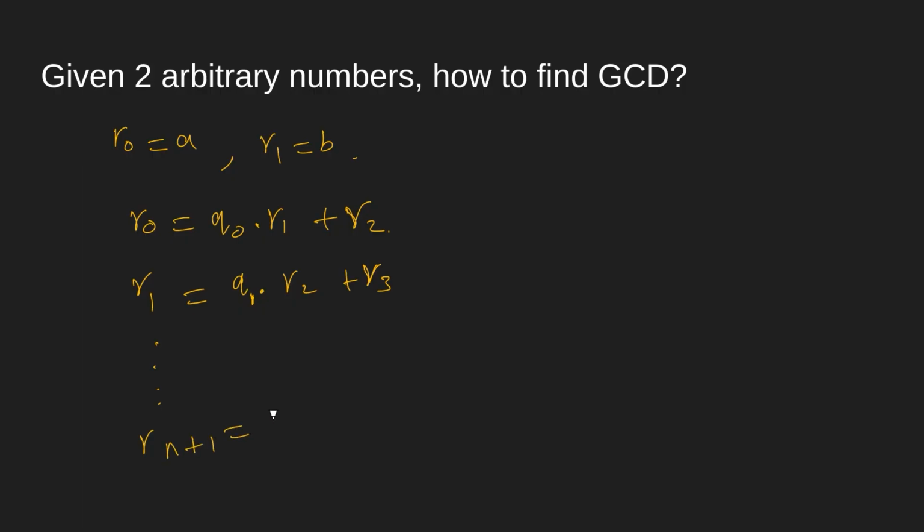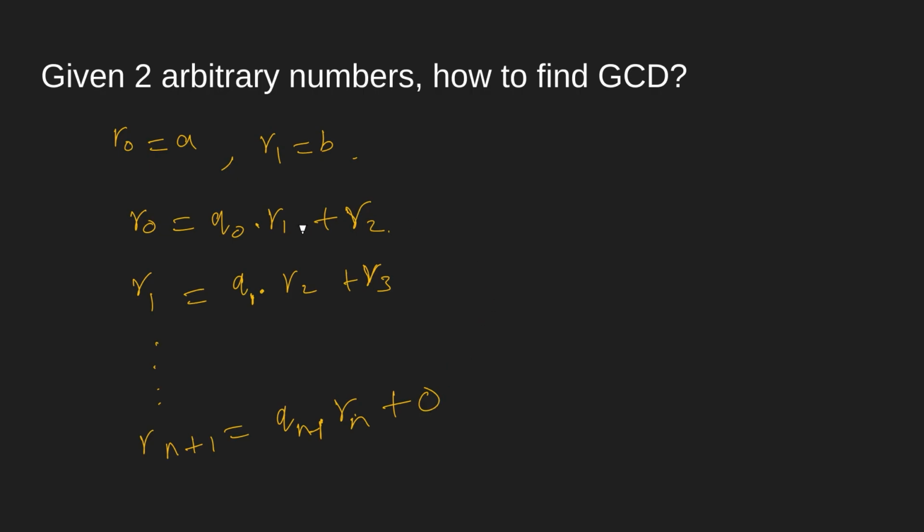If we expand this, we will get something like this: r(n+1) is equal to some quotient q(n-1) times r(n) plus 0. I'm very confident that if we continue these steps one by one, at the end I will arrive at 0. How am I so sure about it?